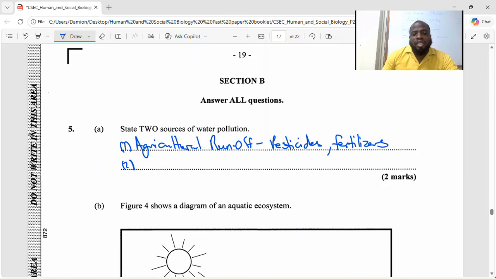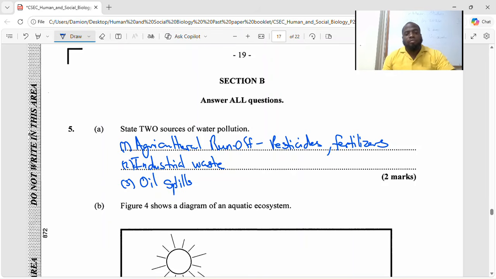We also have industrial waste. Even though they ask for two, we also have things like oil spills. We have things such as mining.